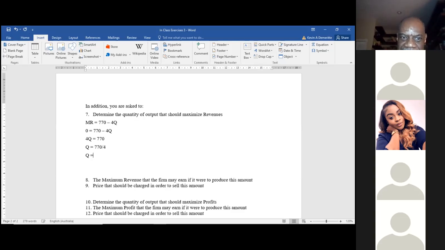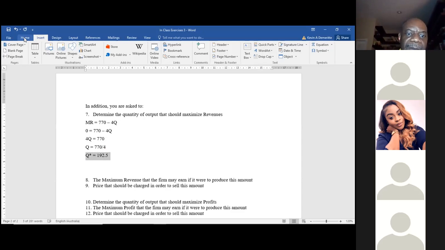And somebody tell me what that is, please. 192.5. So 192 and a half units, or half cases, or whatever it is. Right? So now we know this is our Q star.